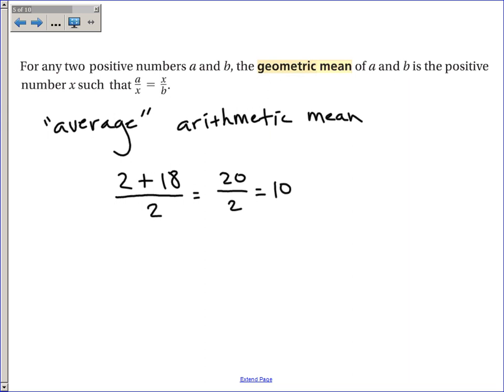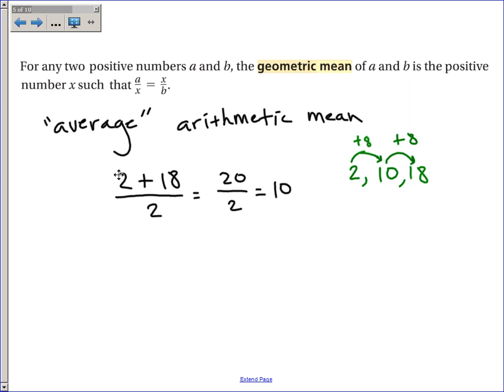Okay, but another way of looking at the reason why 10 is the average or the arithmetic mean is in terms of a sequence. So write down these numbers 2, 10, 18. You'll notice that I can get from one to the other by adding the same number, by adding 8. And from 10, I can add 8 again and get 18. Okay?